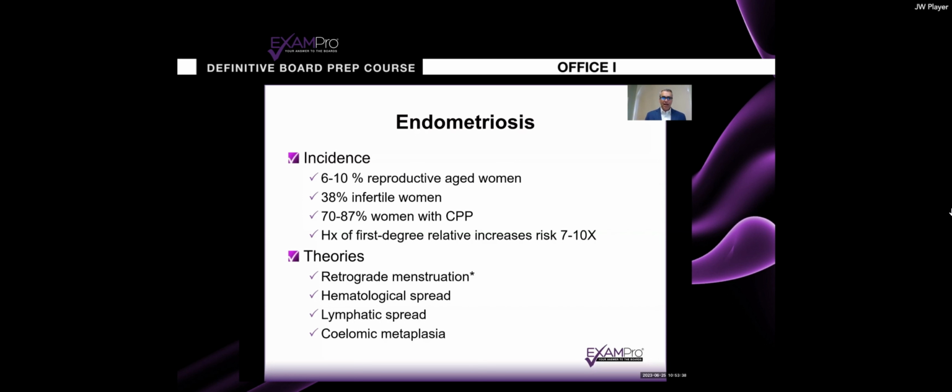And this slide gives you some of the background information regarding endometriosis, including something to think about, which is the theories of development of endometriosis. The most commonly proposed and accepted theory is that of retrograde menstruation, but realize it doesn't explain all cases of endometriosis. So there are some other theories that have been proposed.